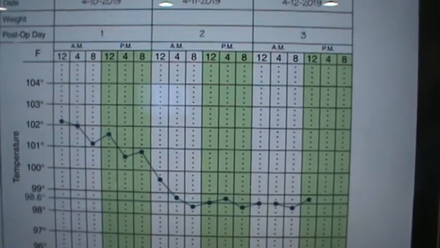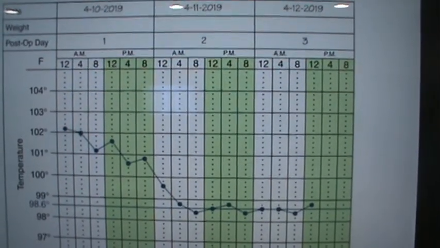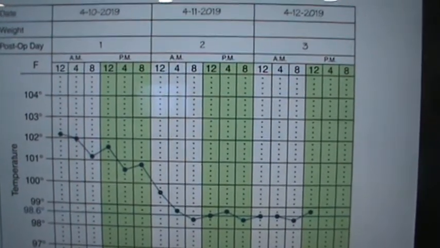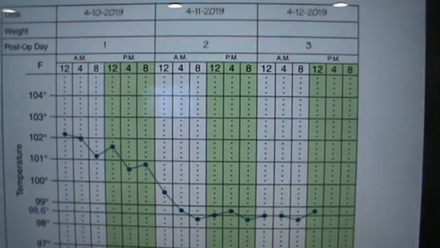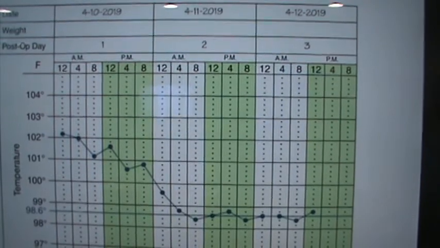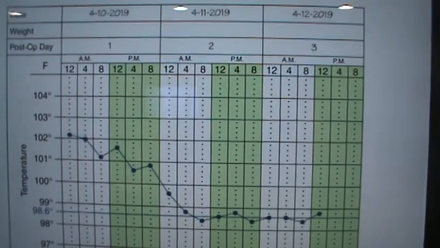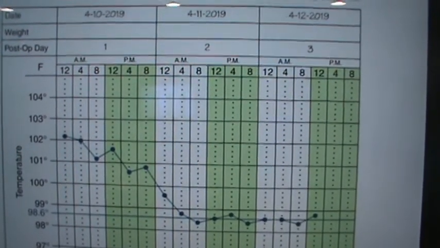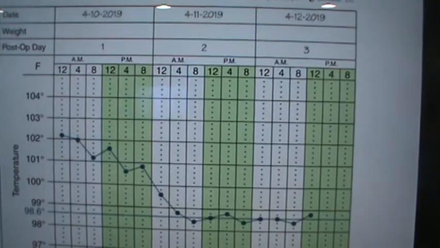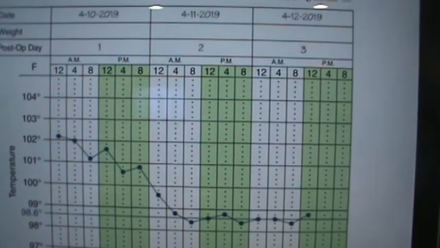Okay, so for a total time period of what? From 4 a.m. to 4 a.m. the next day, that's 24 hours. And then it was another 8 hours after that, right? So that'd be 32 hours.